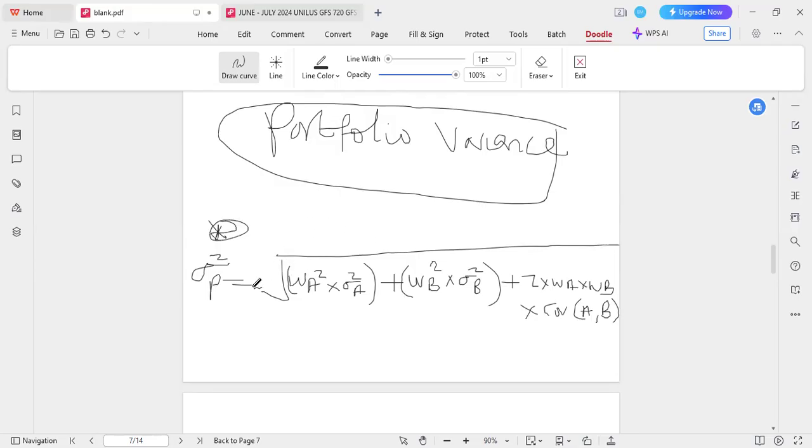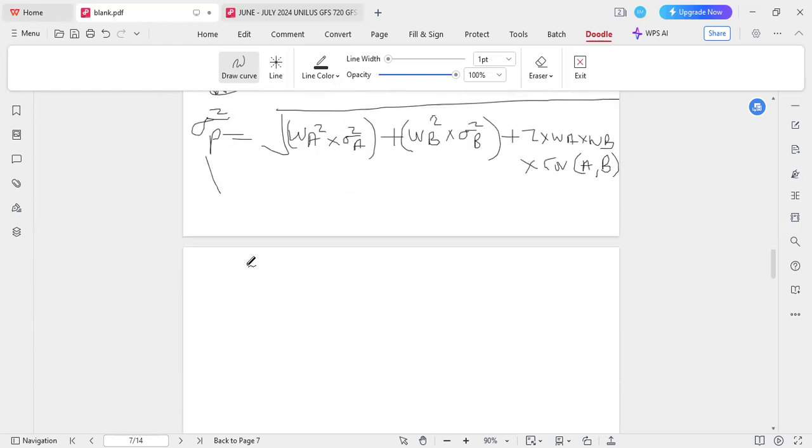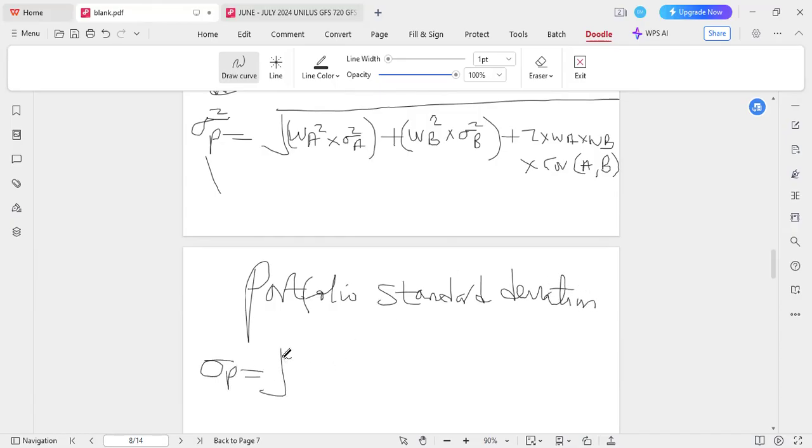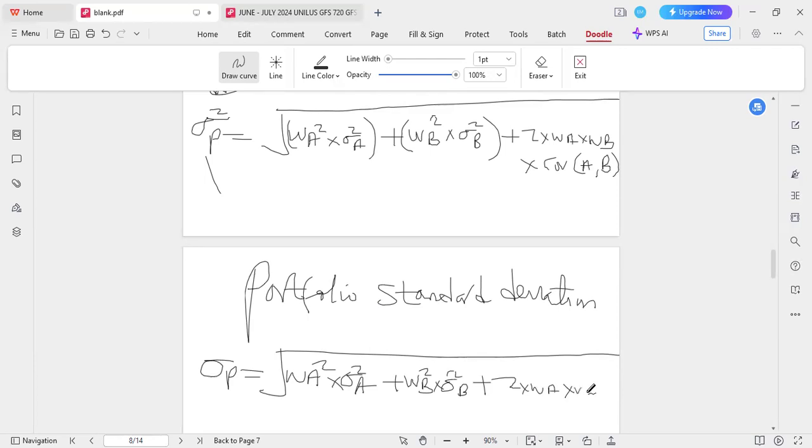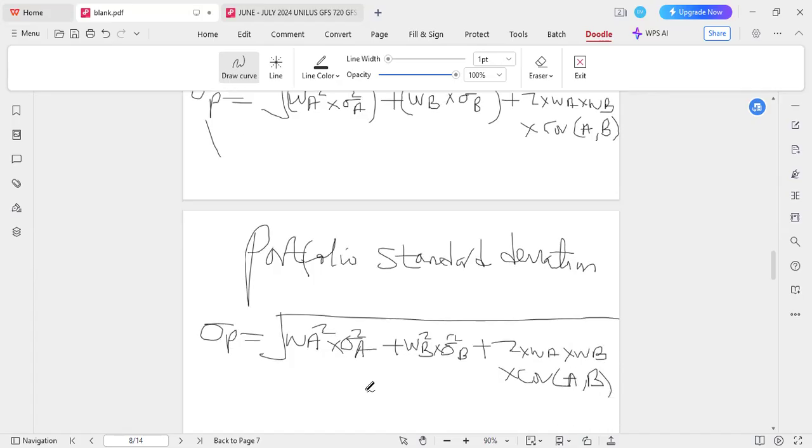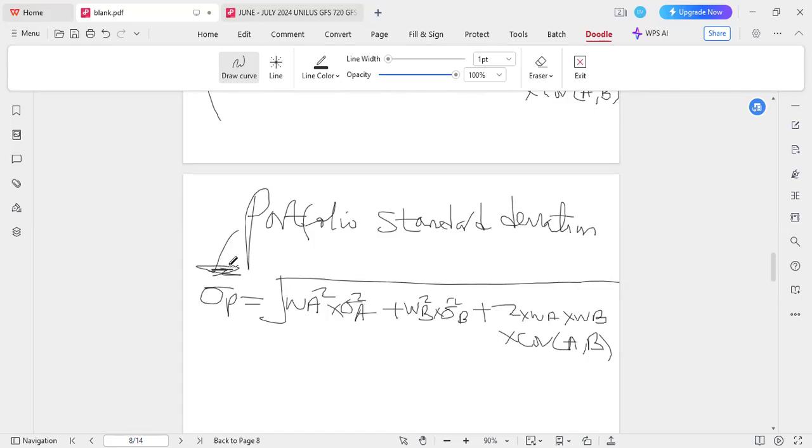Of course, the square root of this is the portfolio standard deviation, which is given by the square root of weight of A squared multiplied by variance of A plus weight of B squared multiplied by variance of B plus 2 multiplied by weight of A multiplied by weight of B multiplied by covariance of A and B. So this is the portfolio standard deviation.